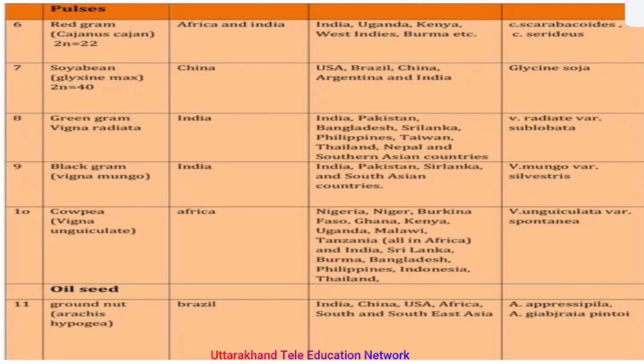Thailand, Nepal, and southern Asian countries. Next one is black gram. Center of origin is India, and also distributed in India, Pakistan, Sri Lanka, and South Asian countries. Next one is cowpea.